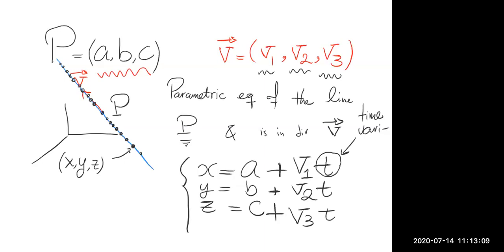This is called the parametric equation. Just for a second, we can ignore what it really means. Let's just write down the equation. Let's just learn how to write down the equation. So for example, a question in the exam might be something like this.